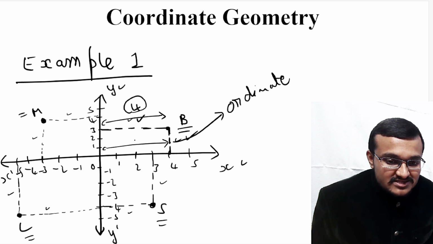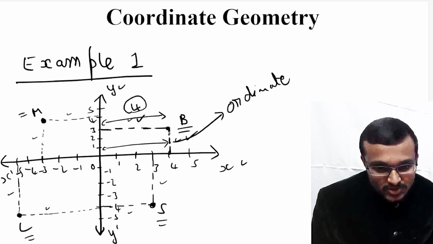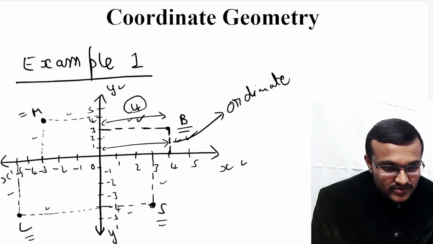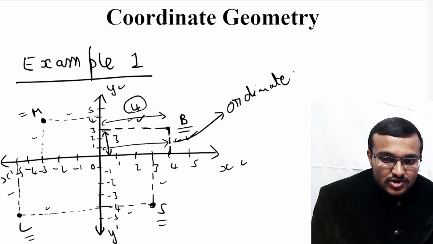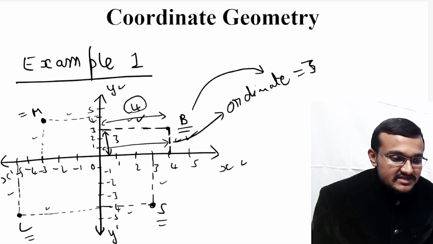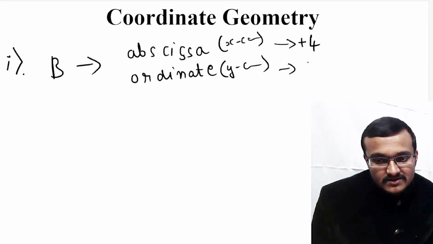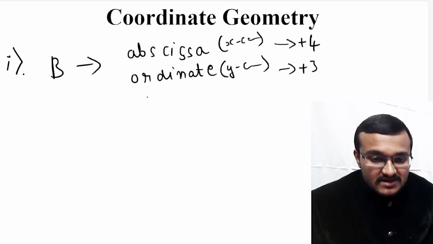It is parallel to the y-axis, or perpendicular to the x-axis. What will be its length? Here you can see it is 3 units, from here to here. So the ordinate of point B is plus 3, because here also the plus y-axis is considered.